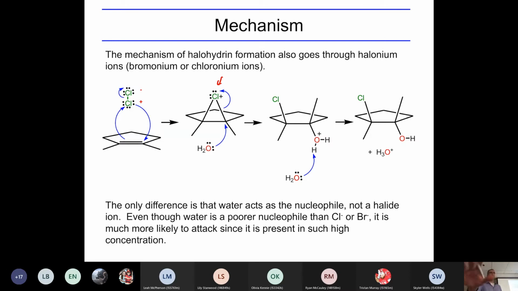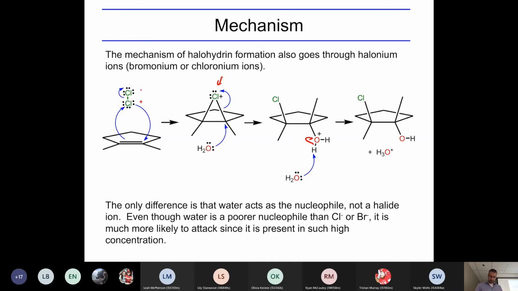The difference is if you're using water as your solvent, water is there in very high concentration because it's the solvent. There's a lot of it around. It can act as the nucleophile instead of the Cl-. So the water can attack on the opposite side, and it just does a regular SN2, same reaction as if it was chloride, except now there's a different nucleophile, and water picks up the hydrogen here.